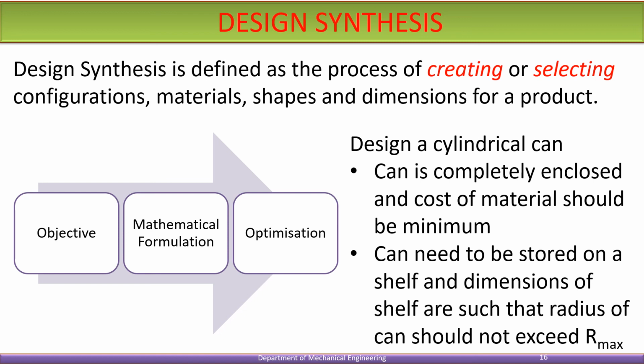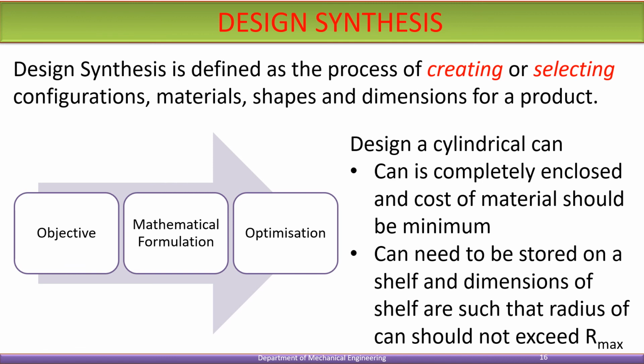Just consider the case of designing a cylindrical can as a synthesis method. First, the requirements are that the cylindrical can is completely enclosed and the cost of the material should be minimum. The cans are to be stored on a shelf and the dimensions of the shelf are such that the radius of the can should not exceed R max.